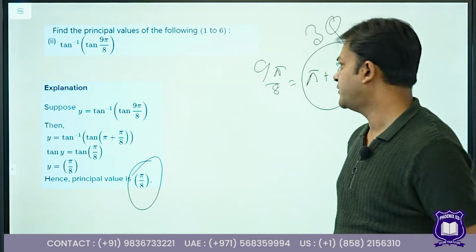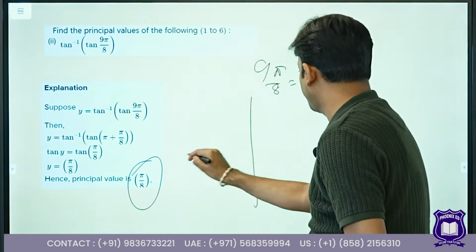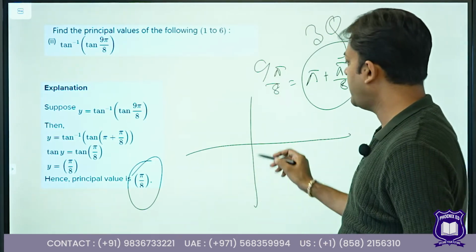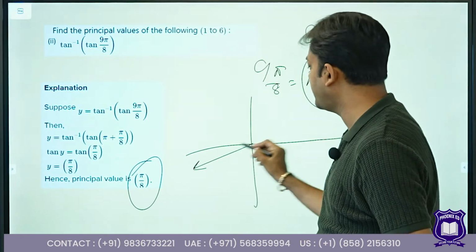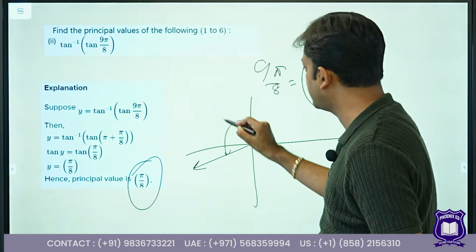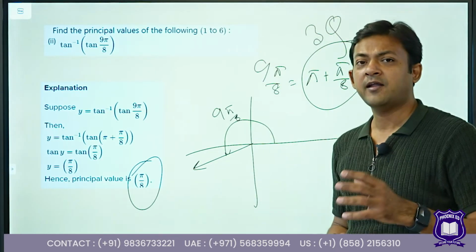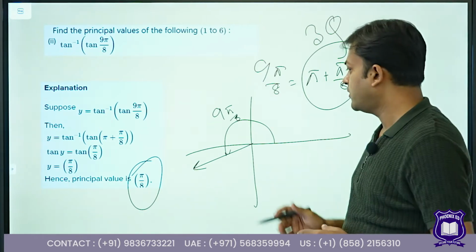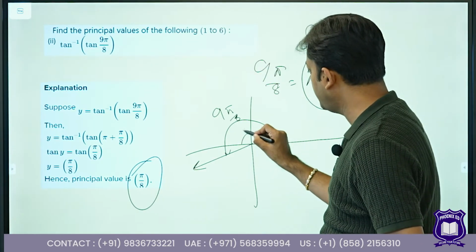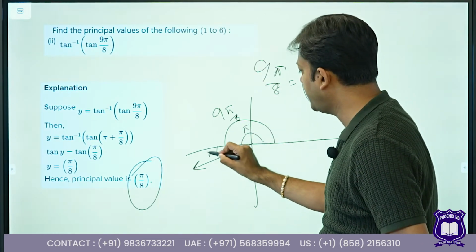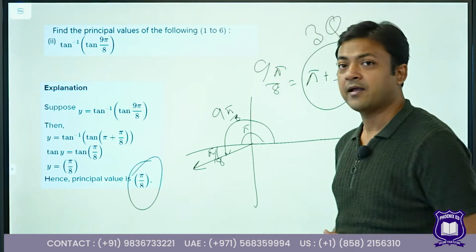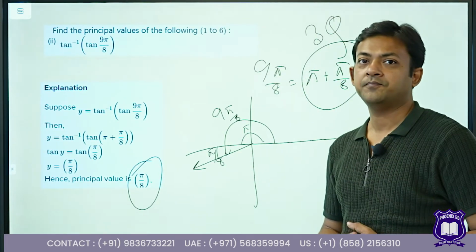Let's do a recap of this. The question has a value of 9 pi by 8, which is an angle like this. In order to simplify 9 pi by 8, we know that it can be written as pi plus pi by 8, which is an angle lying in quadrant 3.